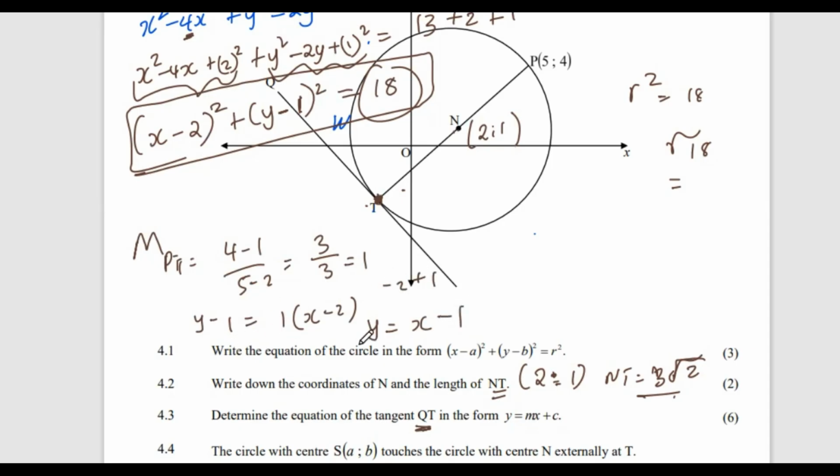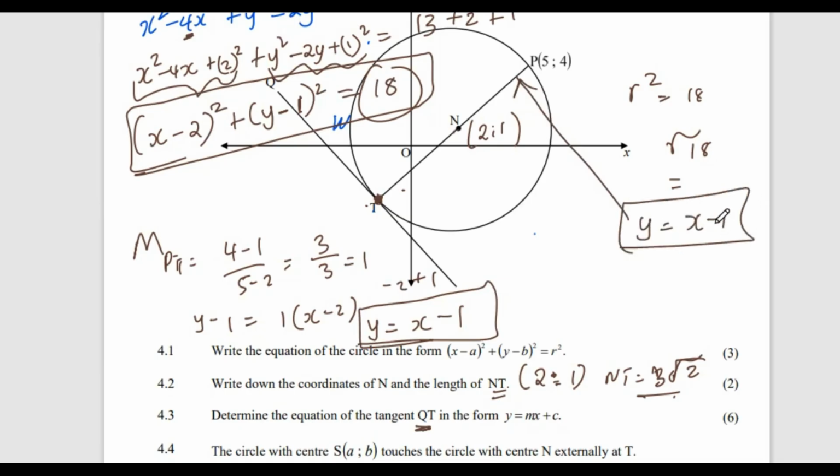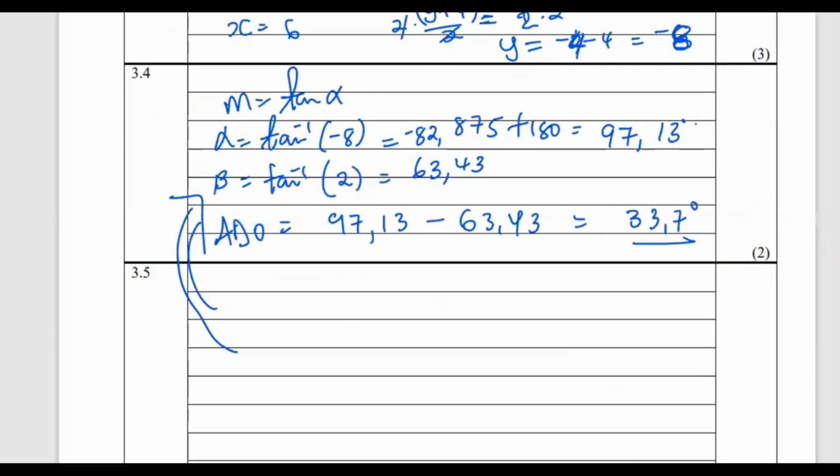So it's x minus 1. This is the equation of the diameter. But then this line is meeting the circle at 2 points. So I'm going to work with this and then the equation of the circle and solve them simultaneously. Let's go that side, it's 4.3.